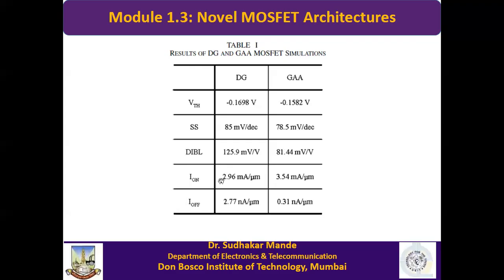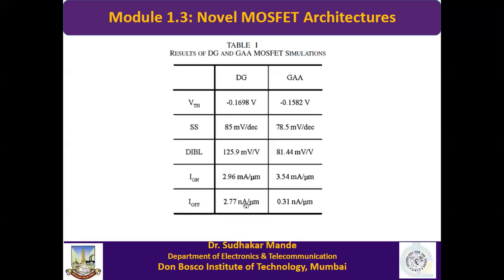Now we want on current as high as possible. Why? Because your speed will be more, performance will be more, gain will be more. For the same voltage it's 2.96, while for GAA FET, its on current is 3.5 milliamperes per micrometer, which is more as compared to DG FET.